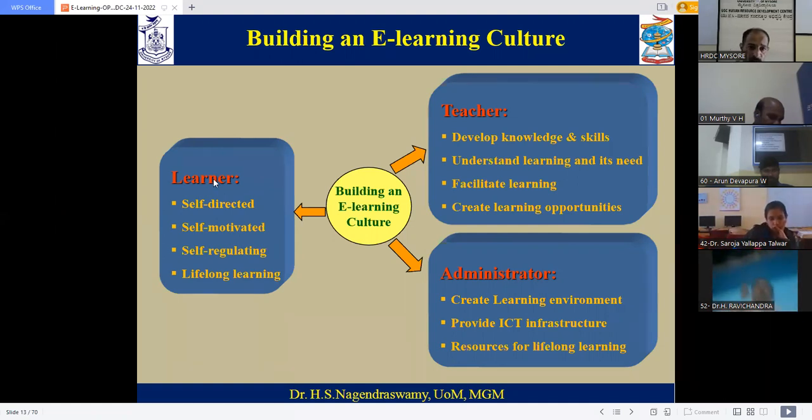We should be self-directed, self-motivated and self-regulating. There should not be any deviation. We should regulate ourselves, what to learn, what not to learn, right? And what is the scope and what is the track. Everything needs to be understood, and it's lifelong learning.